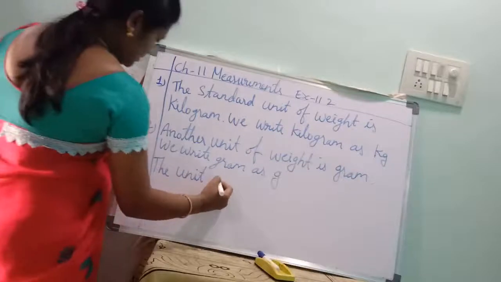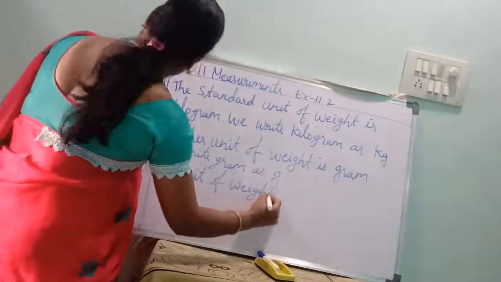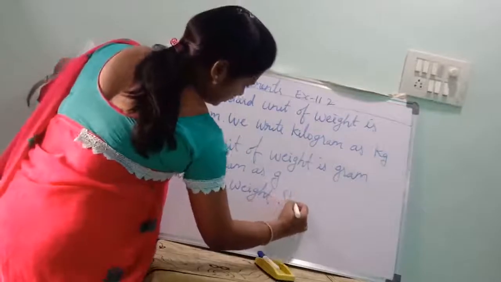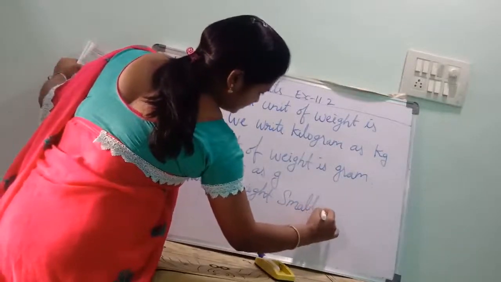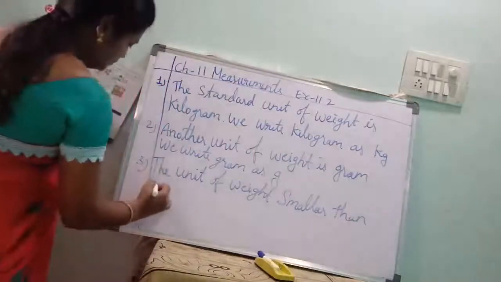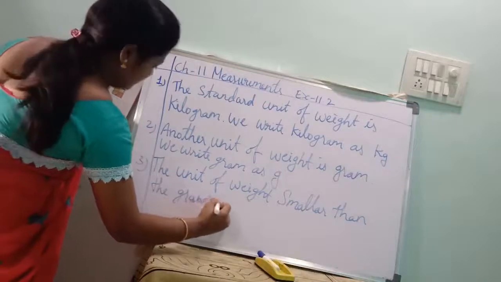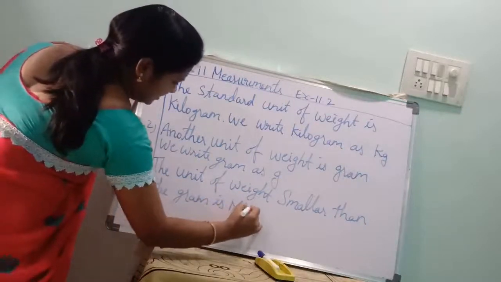The unit of weight smaller than the gram is milligram.